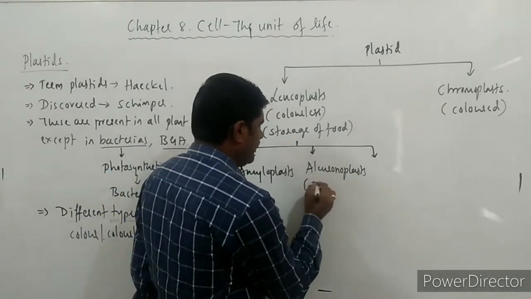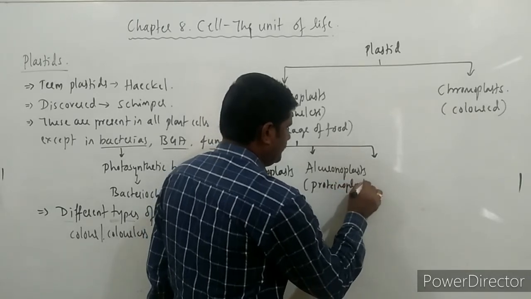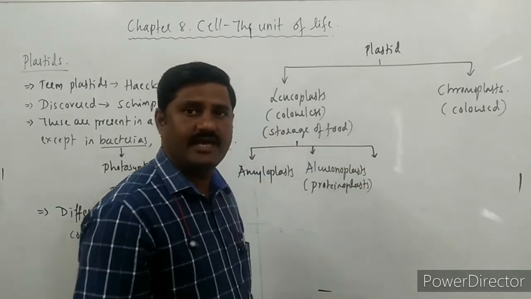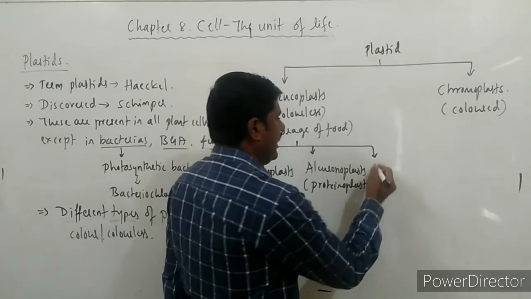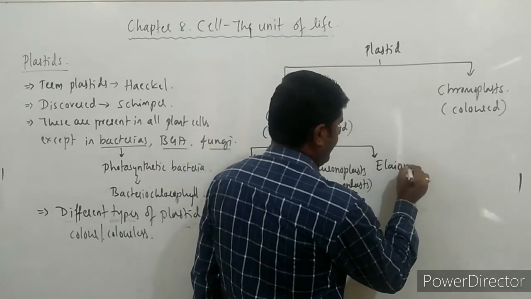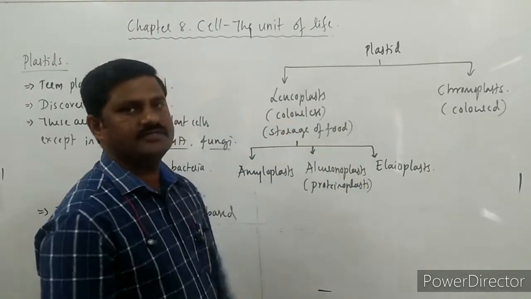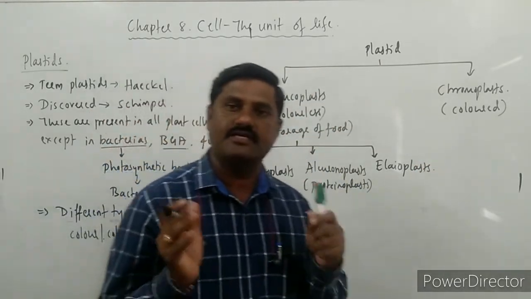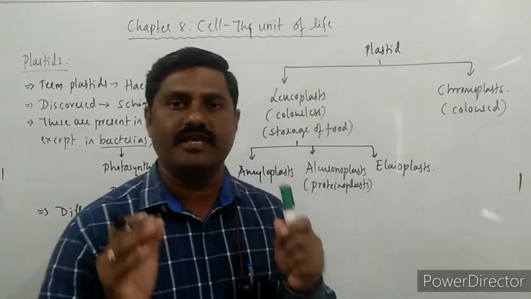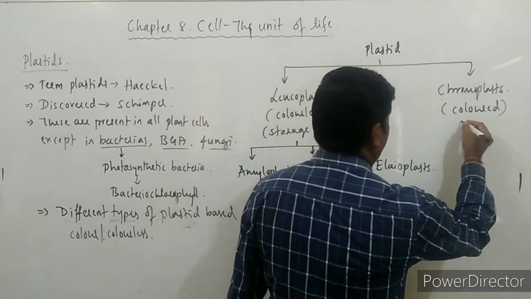These are also called proteinoplasts. As the name says, they store protein. And elaioplasts are the three kinds of leucoplasts that we come across based on the type of food material they store, right?